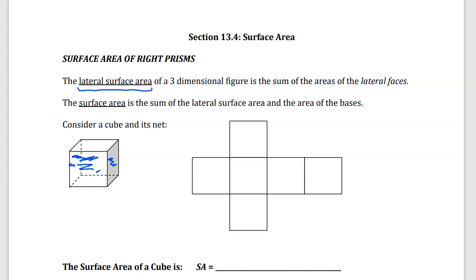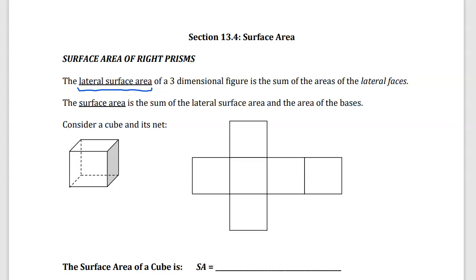So all the faces that you can see just looking at it from the side without rotating it, not the top or the bottom. Now, the entire surface area would include the bases as well.